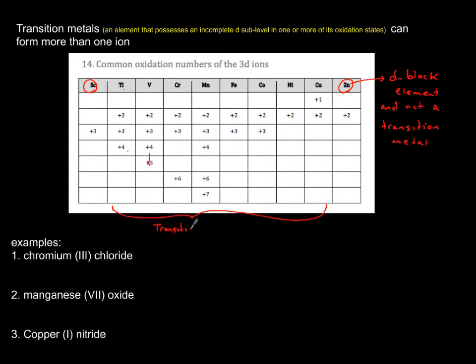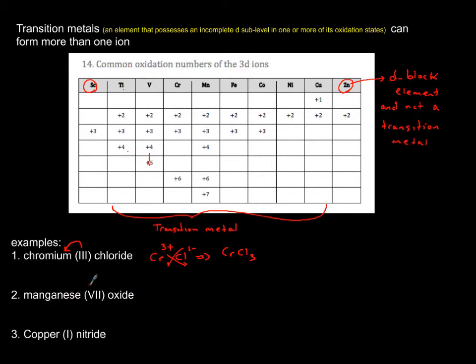And when we do their nomenclature, we have to be careful with their oxidation state, because we have to spell it out. So some examples: chromium 3 chloride. The 3 belongs to chromium, so it's Cr3 plus, and chloride is a simple ion, group 17, so it's Cl1 minus. We swap or switch the charges, therefore it's CrCl3.